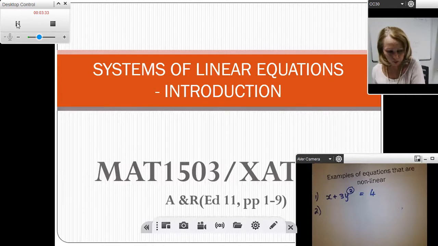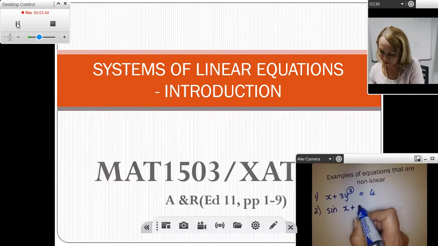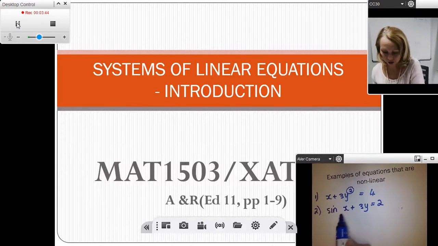Another example would be where there's a trig function involved, something like sine x plus 3y equals 2, or any trig functions. When there's a trig function involved, then it is non-linear.